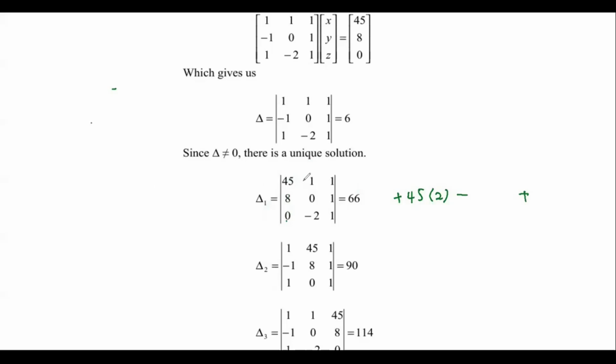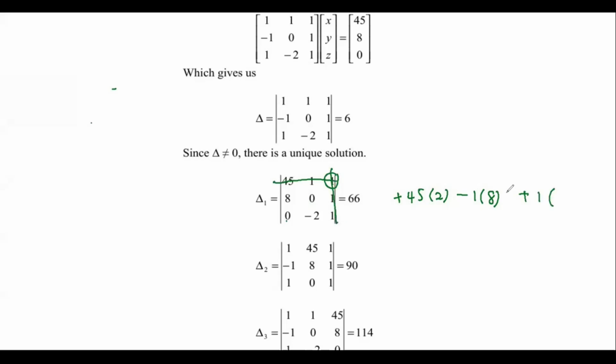So we go with this one. Cross over this row and this column here. So you get 1 times brackets: 8 by 1 is 8, minus 0 by 1 is 0. So 8, plus. All right. So you go with this one, row, column.